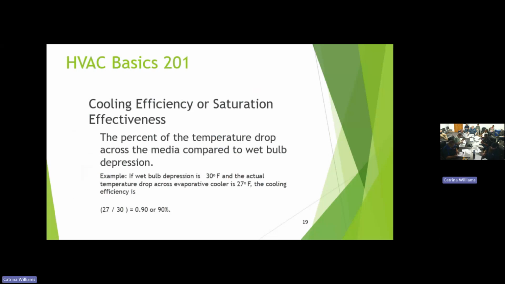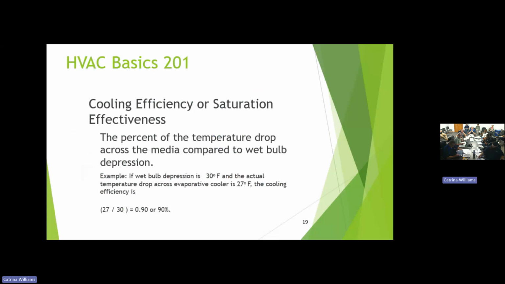So what do we actually see from that now? What do we really pick up? Effectiveness of the cooling efficiency, or saturation effectiveness, is the temperature drop across the media compared to the wet bulb depression. So if the wet bulb depression is 30 in our example, and we drop the temperature 27 degrees, we have an efficiency of 90%.